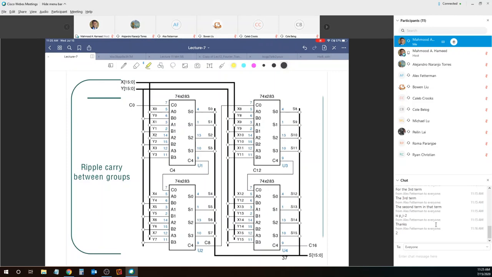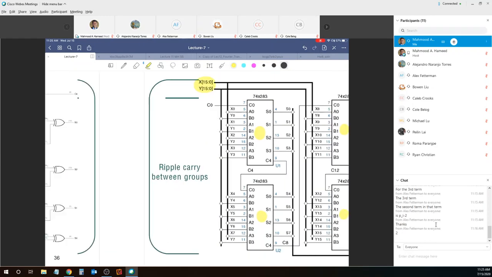Now, if you want to make this into a 16-bit adder, over here, as you can see, this is 16 bits of X added to 16 bits of Y. We are essentially using 4 74x283 chips. The 74x283 chip is this.